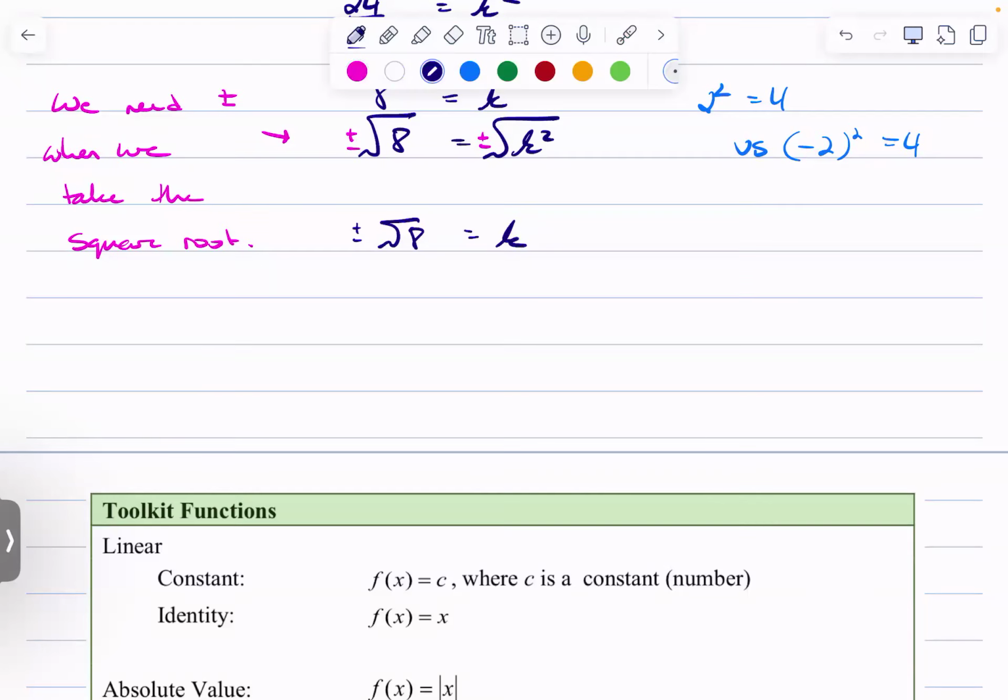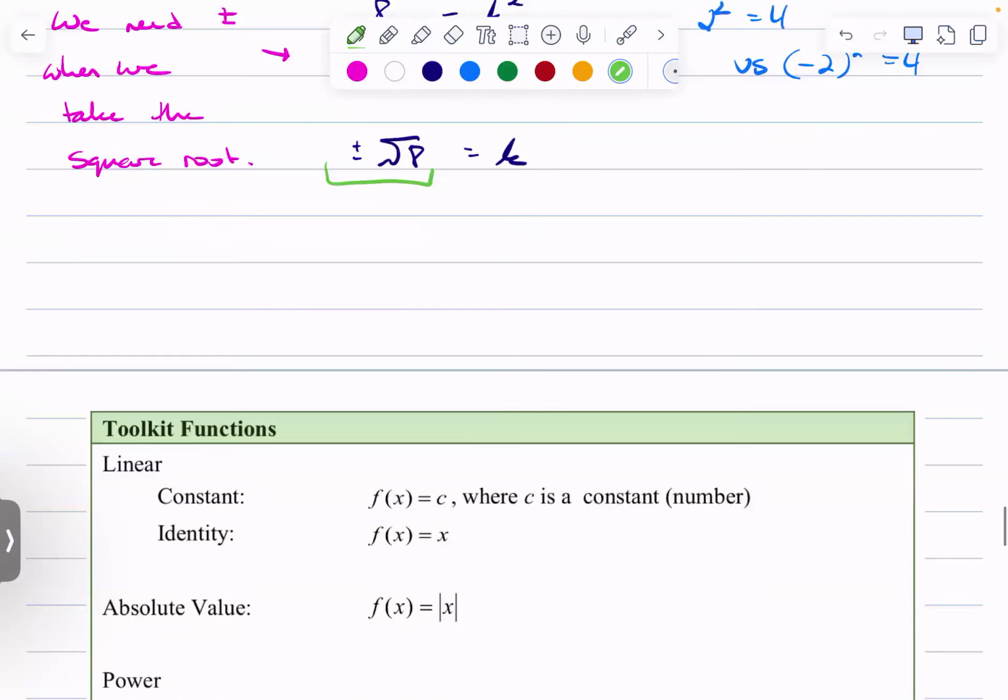And this is what we call the exact answer. This is the true answer, right? The exact answer is just plus minus root 8, or plus minus 2 root 2 from your calculator.